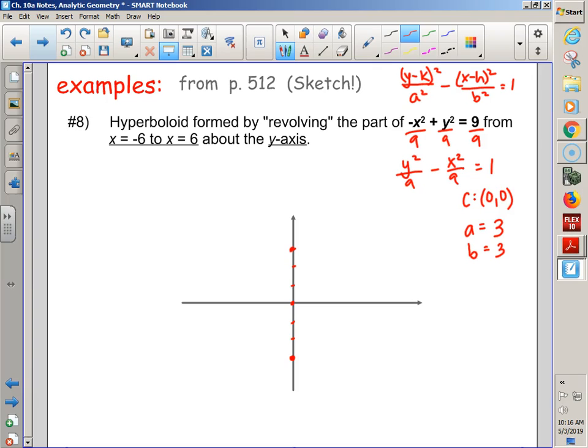Do you guys remember how asymptotes work? y minus 0 equals plus or minus the y guy, 3, over the x guy. Oh, wait, 3 over 3 is going to be 1. So aren't my asymptotes going to be plus or minus x?